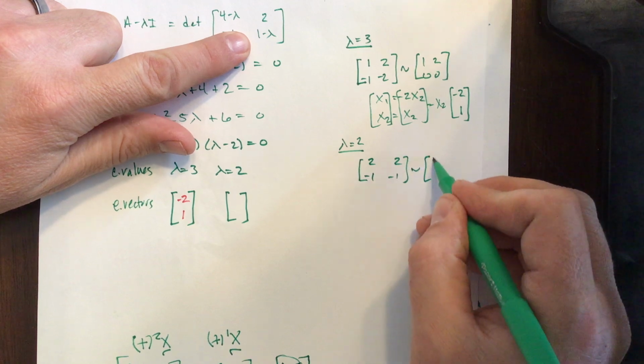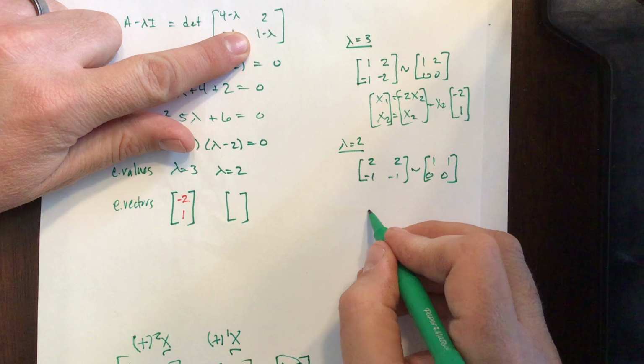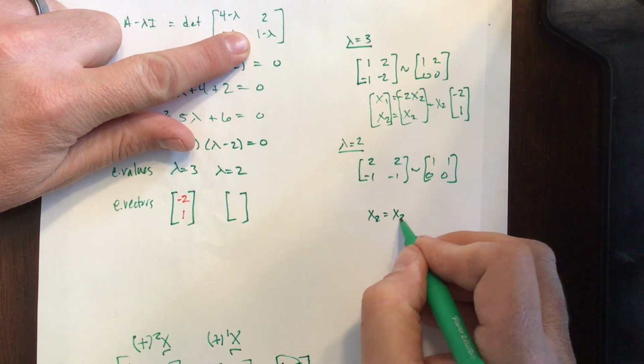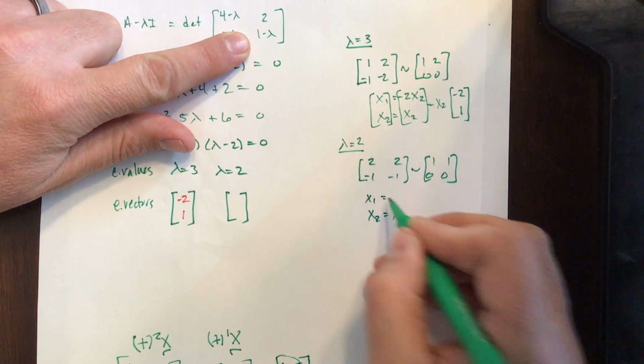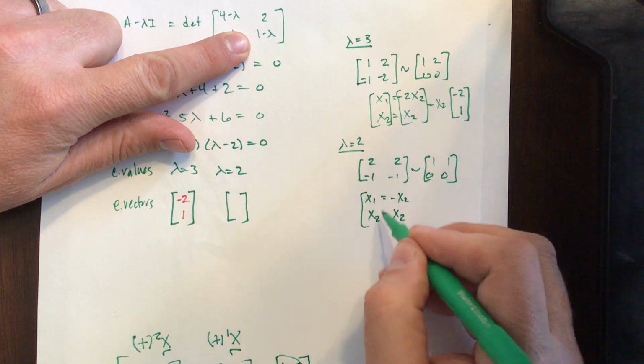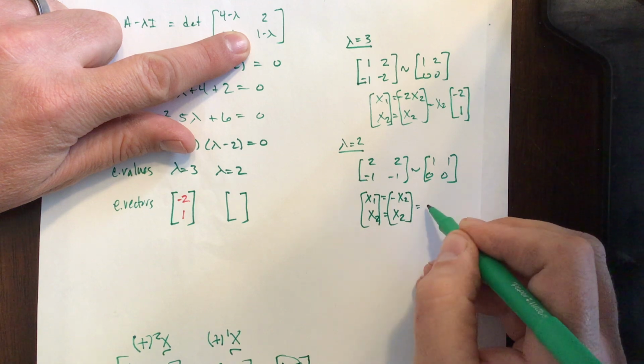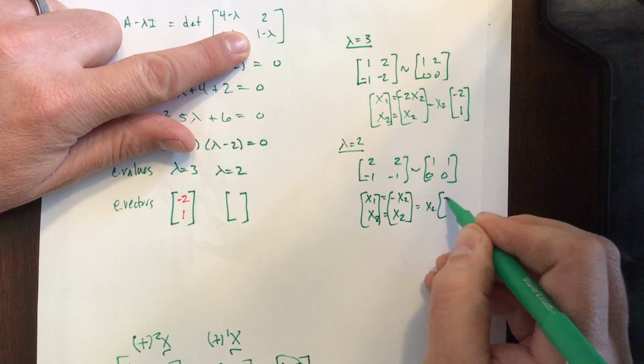So this row reduces to 1, 1, 0, 0. So x2 is free. x1 is equal to negative x2. So the vector x1, x2 is equal to x2 times the vector negative 1, 1.